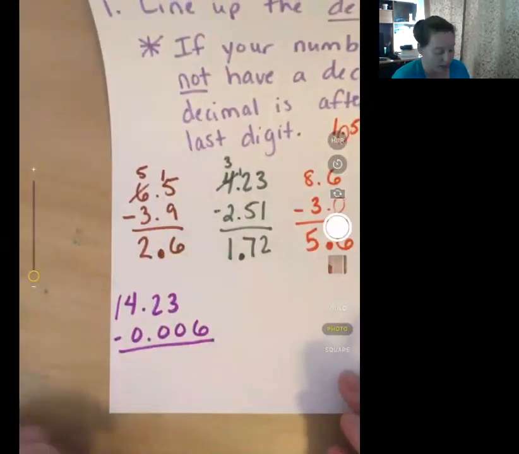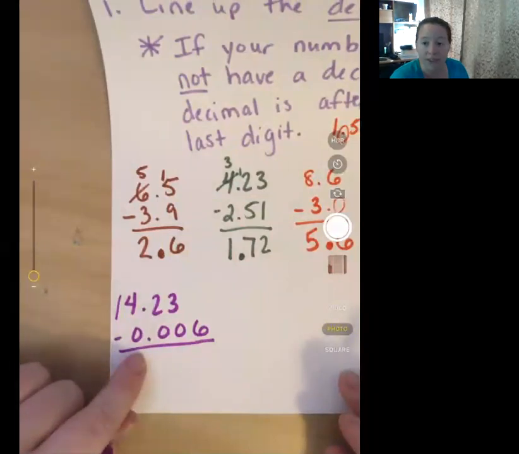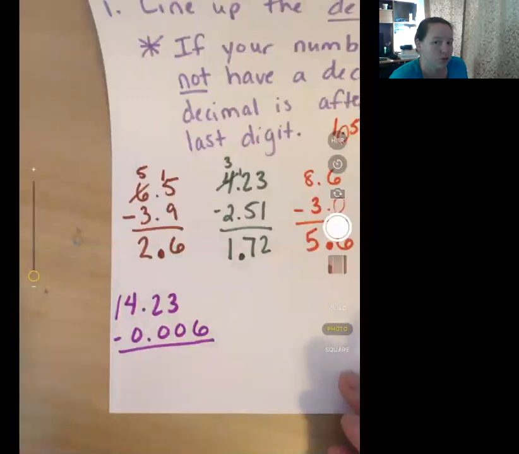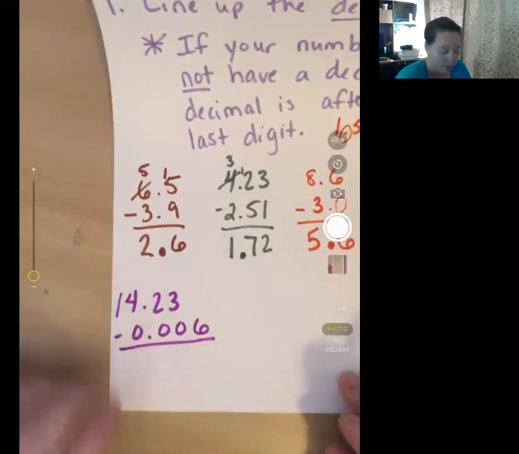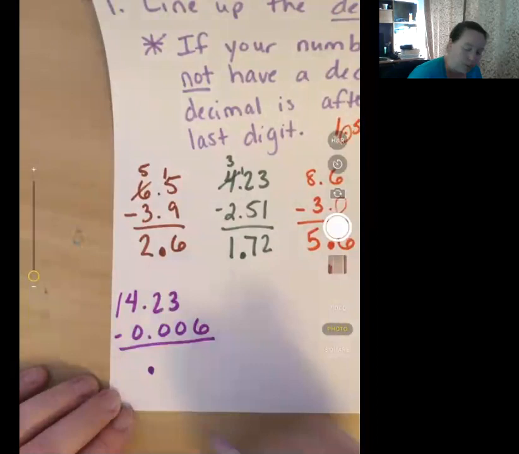All the way out there. Still have to line up by the decimal point. I can't shift it over. I can't go, oh, there's 4 numbers and then 4 numbers, I'll just shift it over one. I can't do that. I have to line up by that decimal point. That decimal point has to stay there. So then we bring the decimal point down.